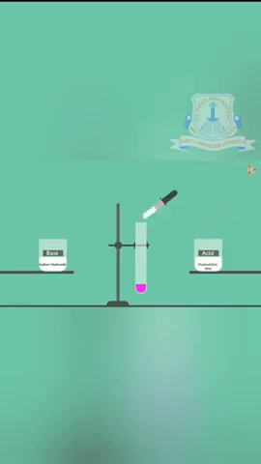The base in this case has been neutralized by an acid. Now we have to check whether an acid is also neutralized by a base. So let's add base. Again, yes, the pink color is reappearing. It means to the colorless solution, if we add base, then again the pink color reappears.